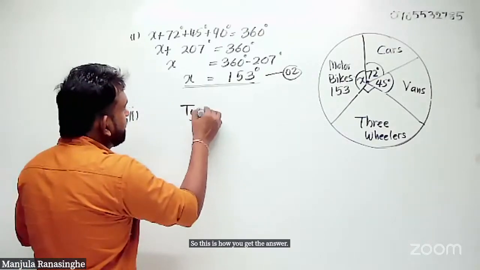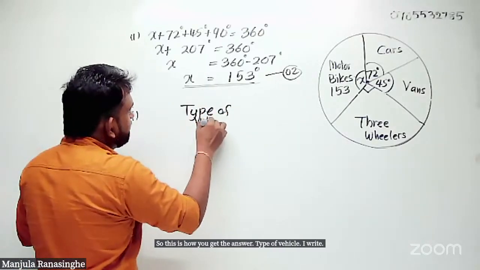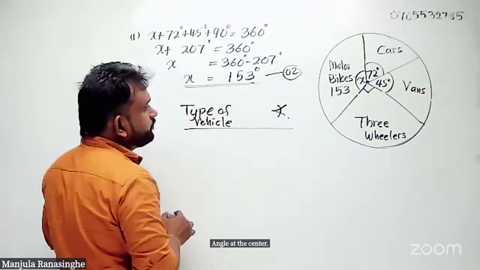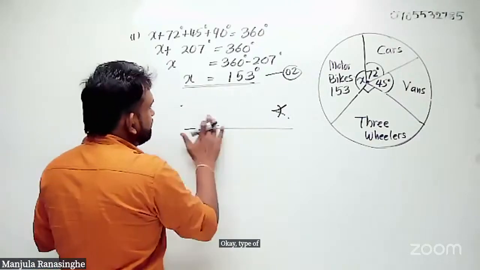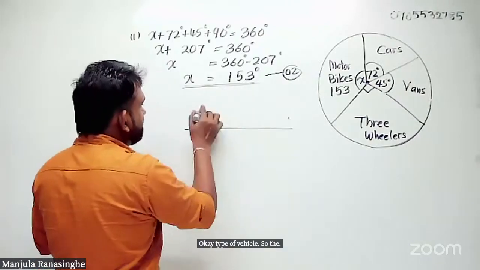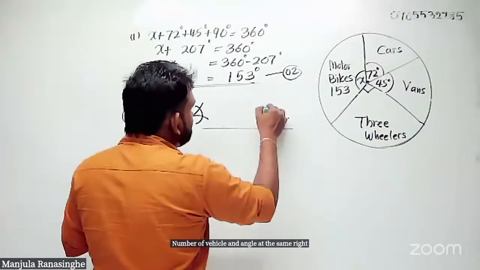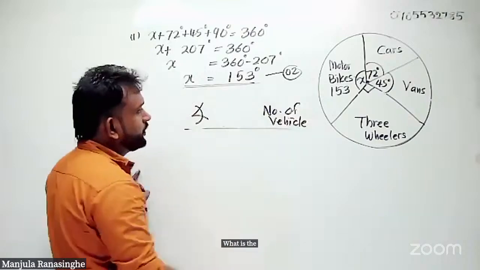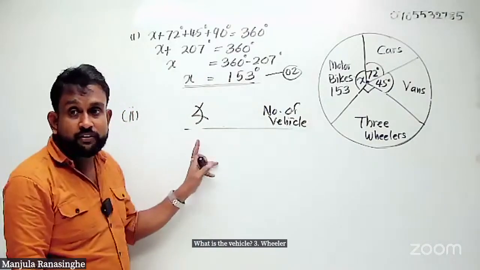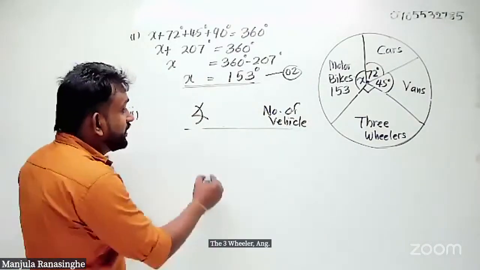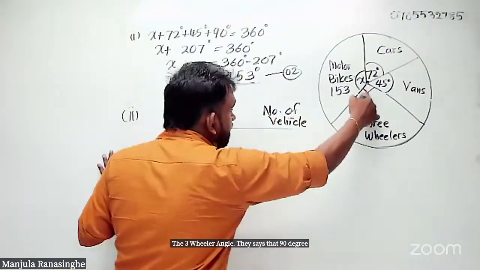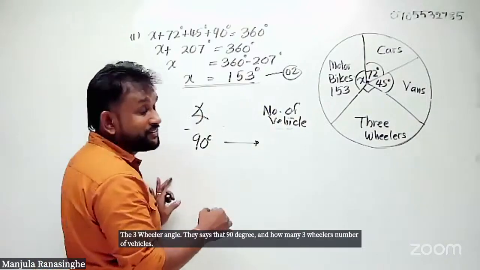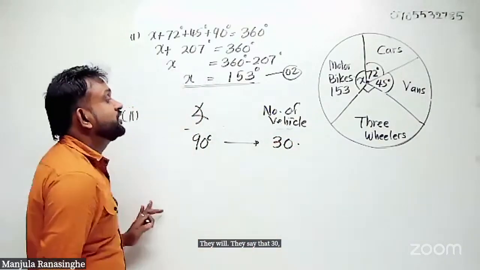I write the type of vehicle, the angle at the center, and the number of vehicles. The three-wheeler angle is 90 degrees, and the number of three-wheelers is 30.